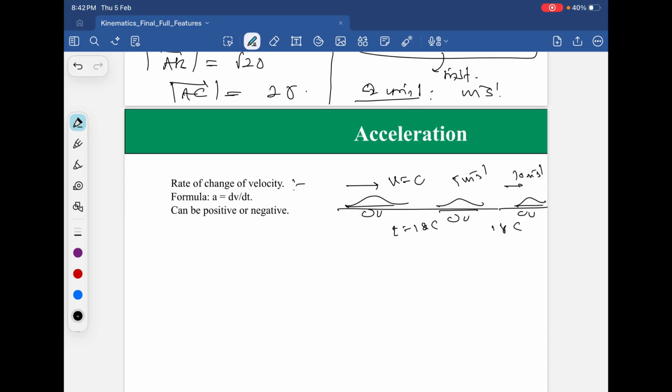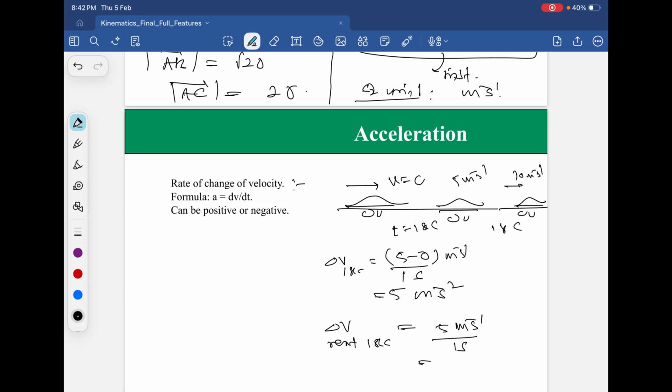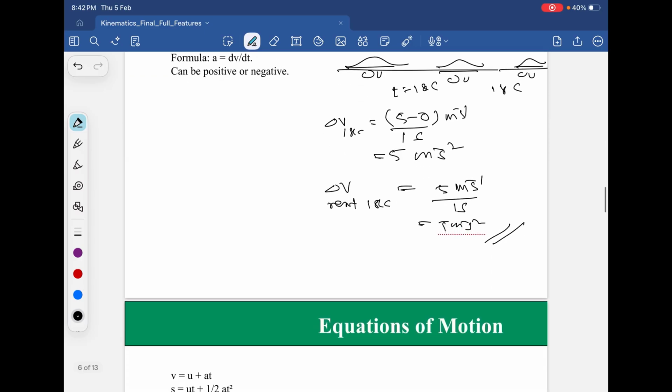So what is the change in velocity in the first 1 second? That is equal to 5 minus 0 by 1, meter per second by second, so the unit will be meter per second square. Next, delta v for the next 1 second, 10 minus 5 is 5 meter per second by second, so you get 5 meter per second square. So this rate of change of velocity is called acceleration.